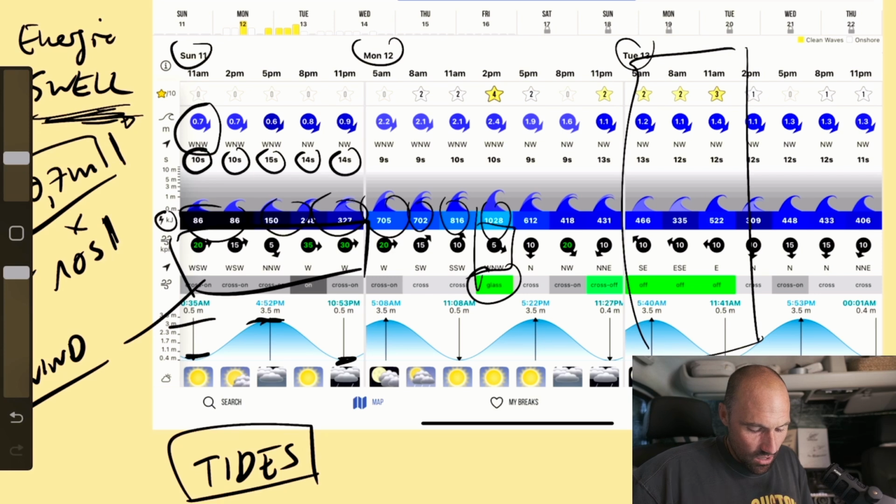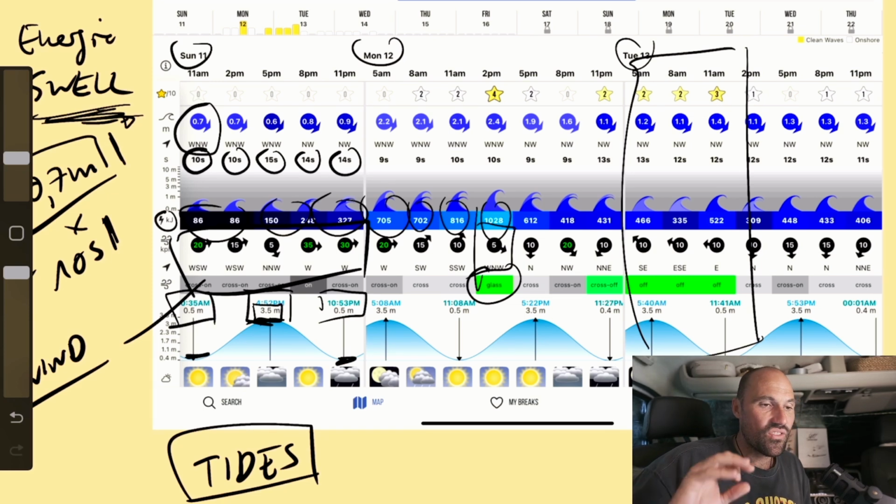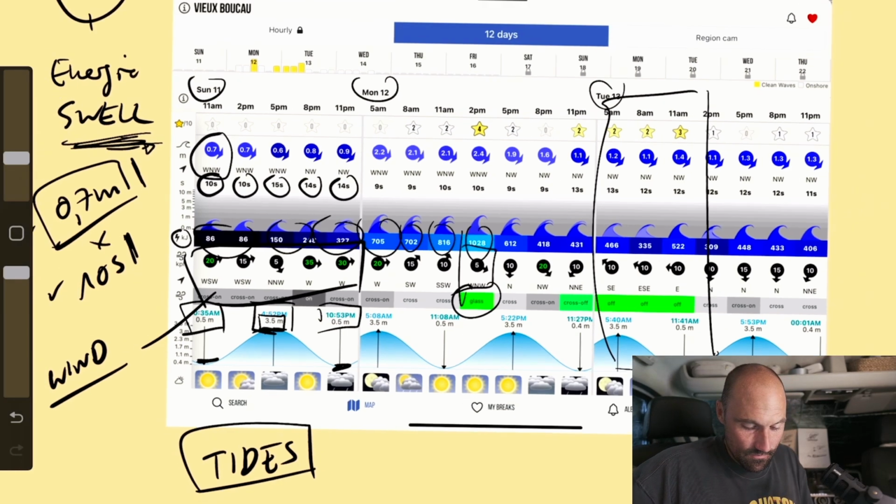So here you see, today we have high tide at almost 5 o'clock. 4:52 is high tide, and the height is 3.50 meters. And at night, a bit more than 6 hours later, we have low tide, only with 0.5 meters. This is crazy. So we have a big difference in the tides.